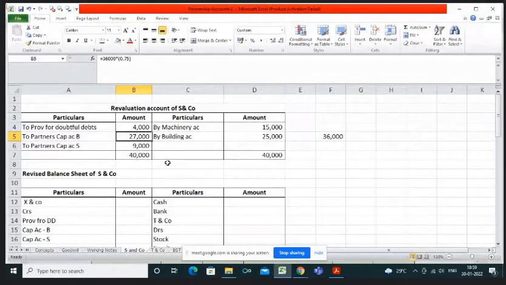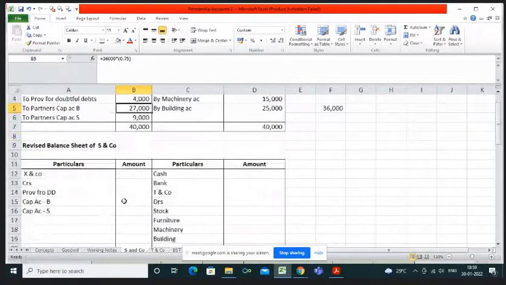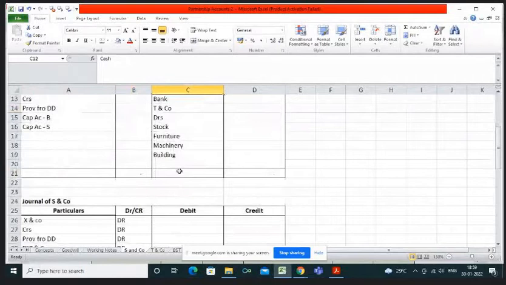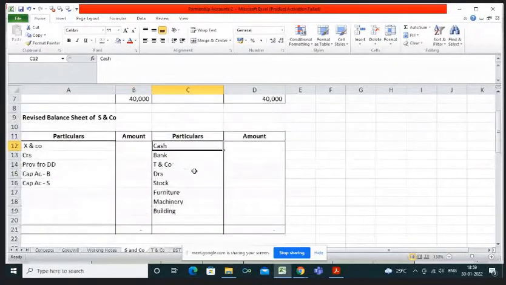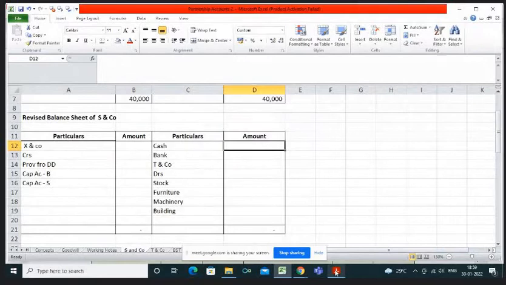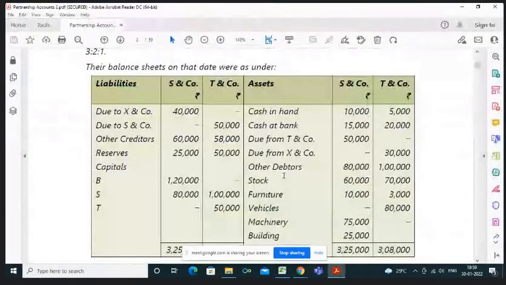Now we should move on to the revised balance sheet. Why am I putting up a revised balance sheet? Because in order to pass the journal entries, it will be very helpful. So I have to prepare the revised balance sheet of S and Co. How will I prepare it? I will take the original balance sheet, and wherever there is a change due to revaluation, I will change it.